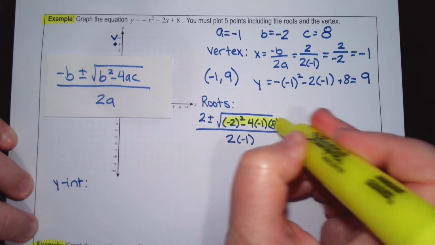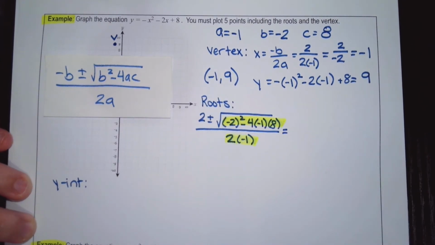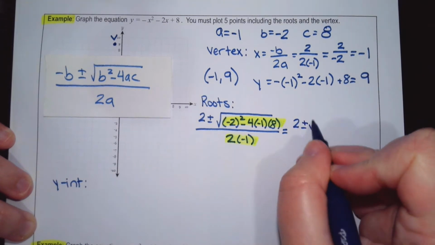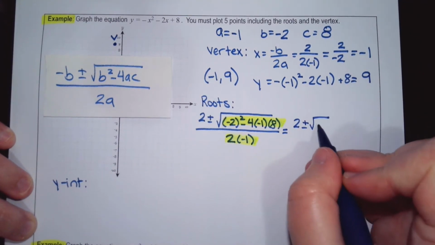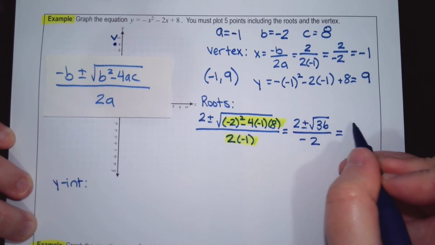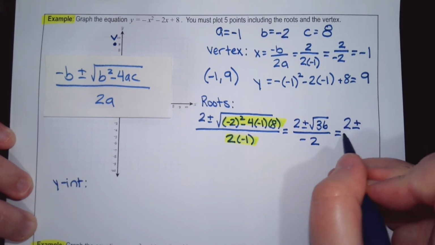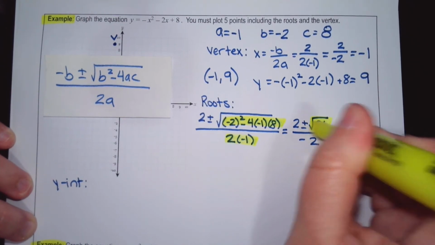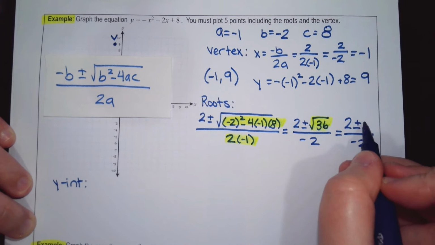Simplify underneath the square root and in the bottom. So we have 2 plus or minus the square root of 36 all over negative 2. And now we take the square root of 36, and that's going to be 6.